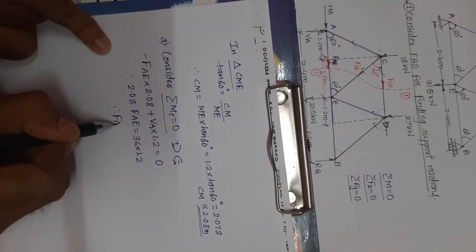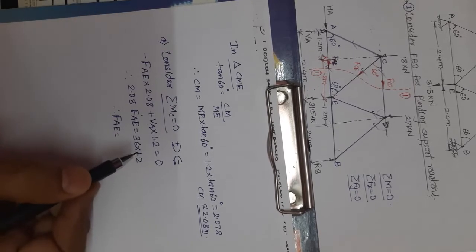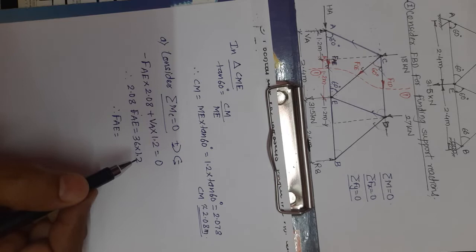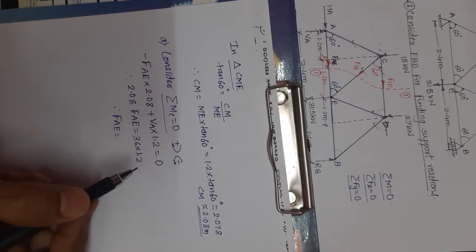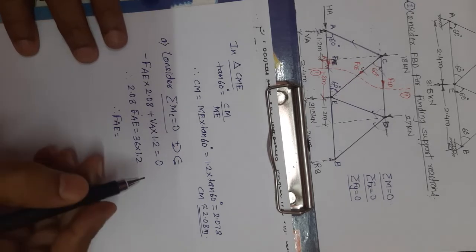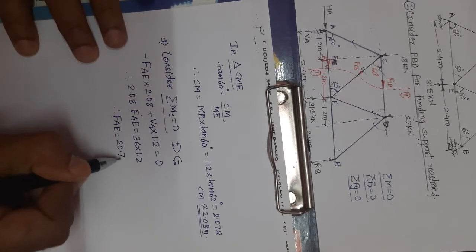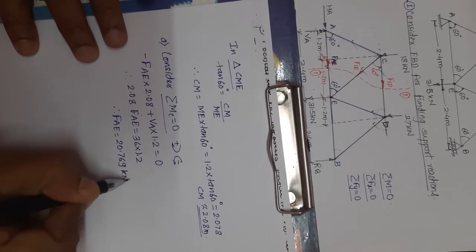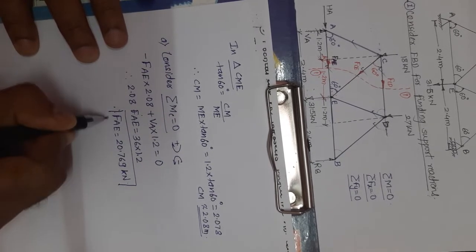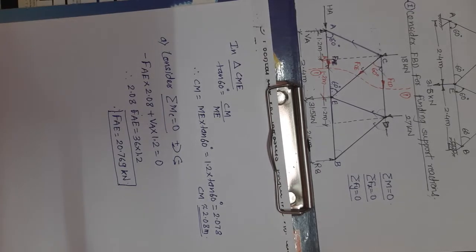So therefore FAE comes out to be, just calculate, so 36 into 1.2 divided by 2.08, so 20.769 kilonewton. That is the force in member AE. 20.769 is the answer for FAE.